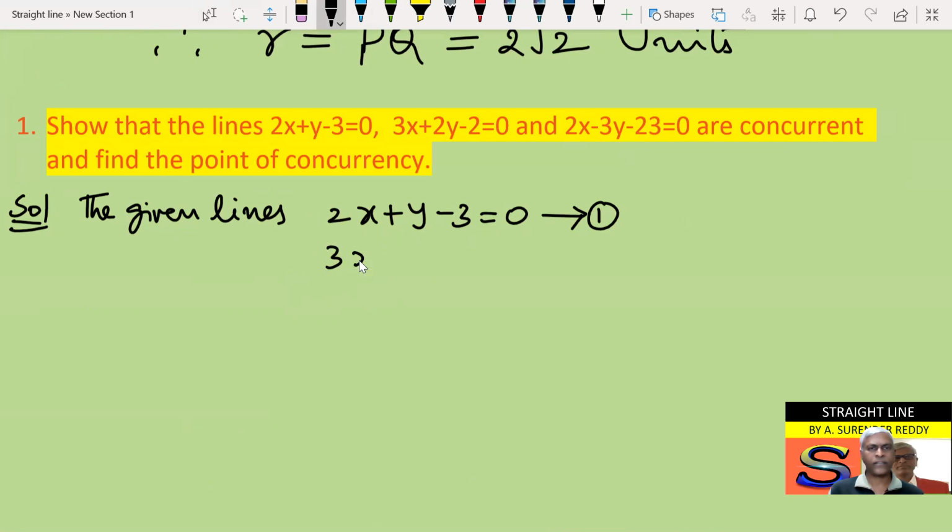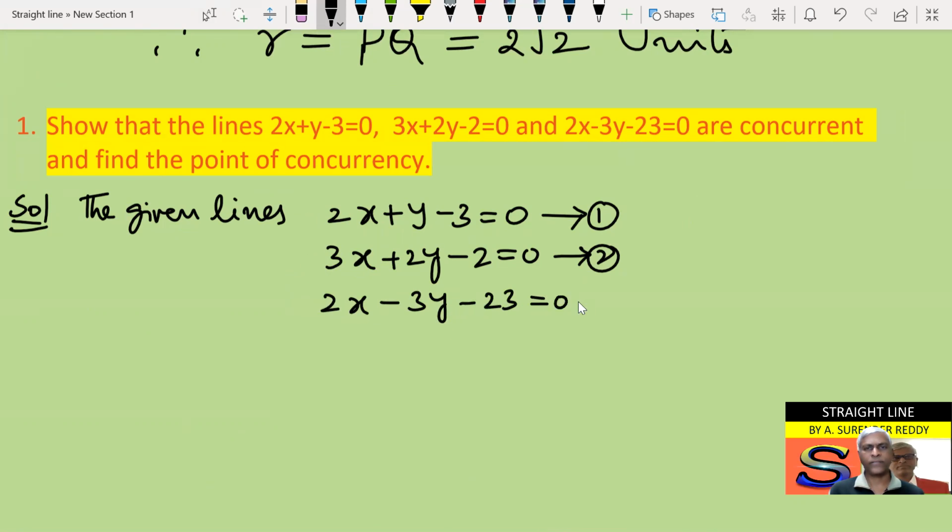And the second line, 3x plus 2y minus 2, and 2x minus 3y minus 23 as the third line.